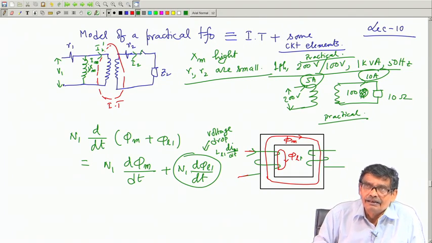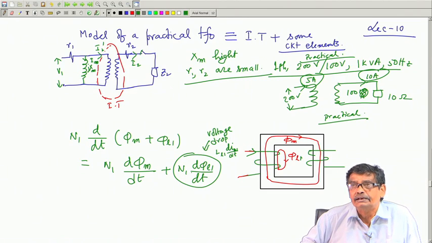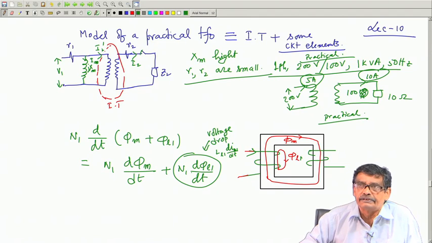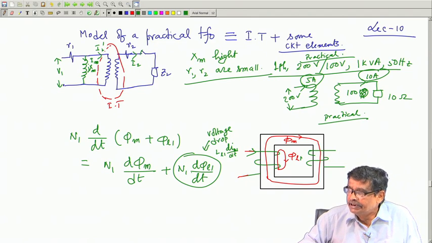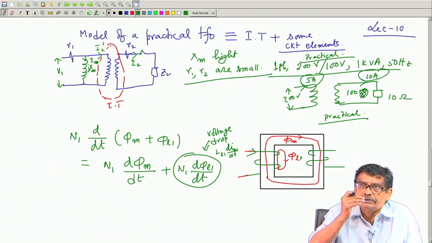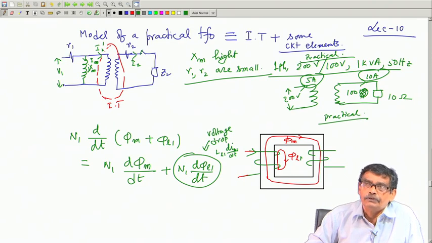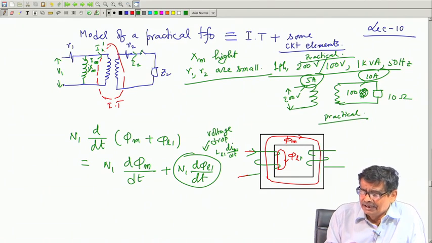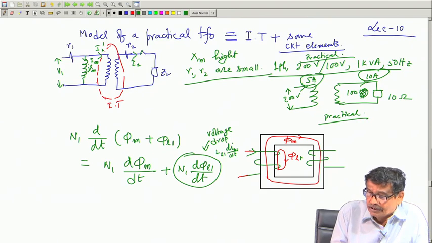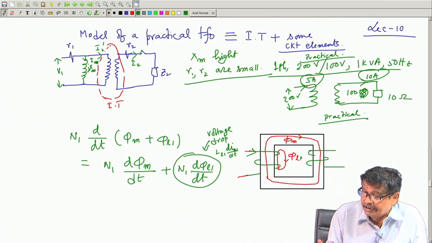A detailed analysis I have done in my Electrical Machines 2 course, in the first 2, 3, 4 lectures in the same NPTEL domain. Please go through that, and I will put a note on that. It looks like the total flux created by the winding currents will comprise two portions.